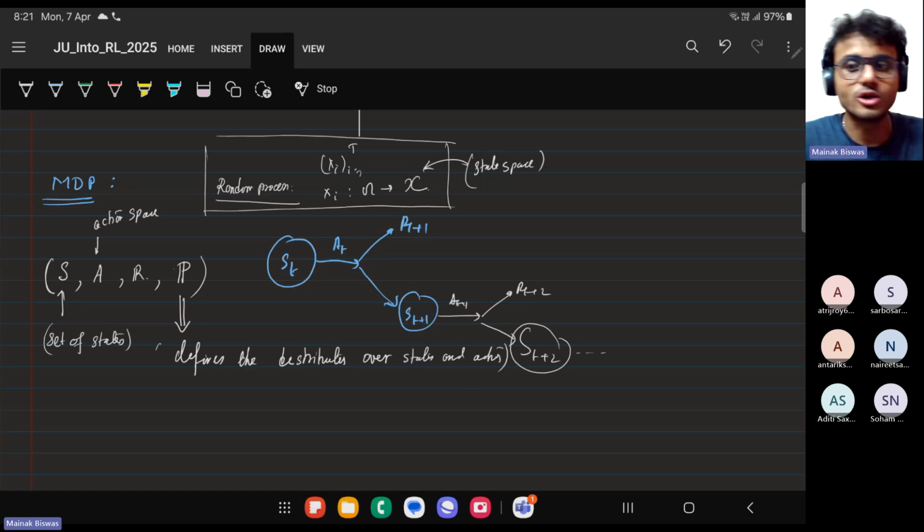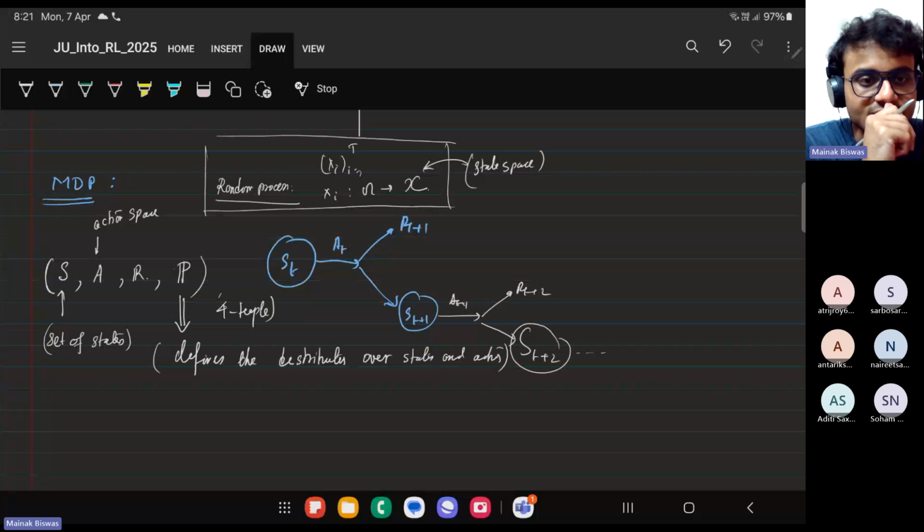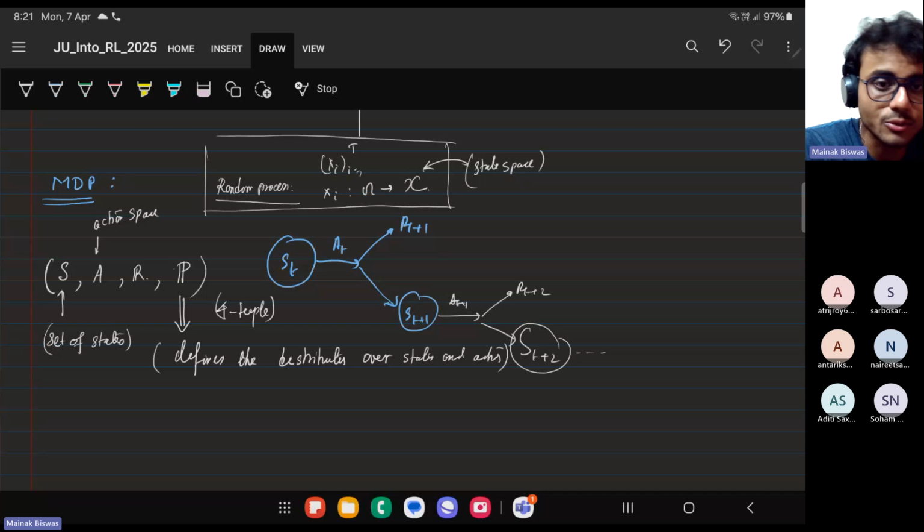So it's a 4-tuple. Four elements completely define an MDP: a set of states, actions, rewards, and a probability distribution P, which links states, actions, and rewards.